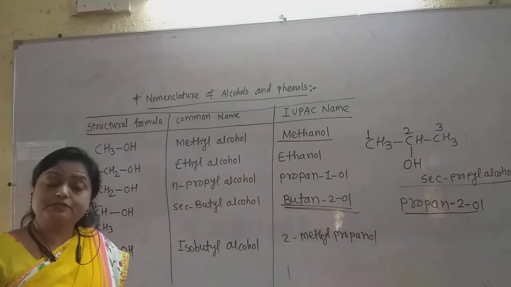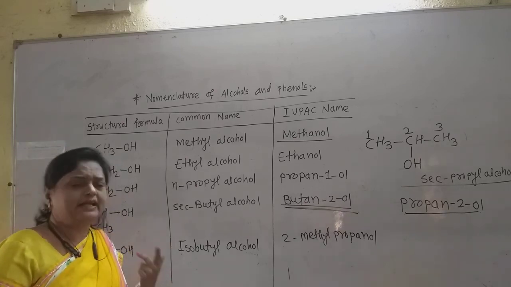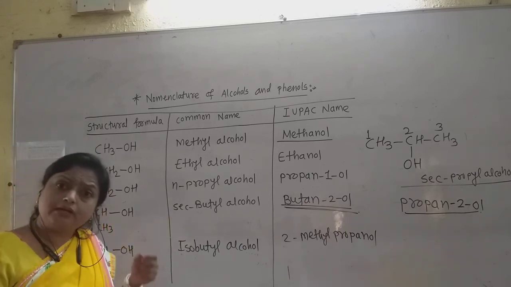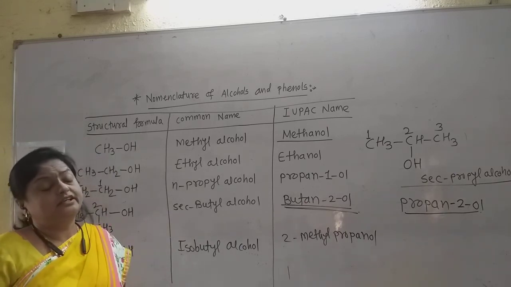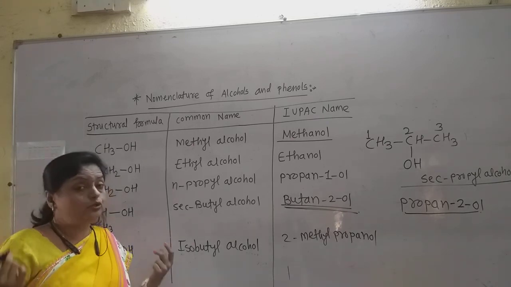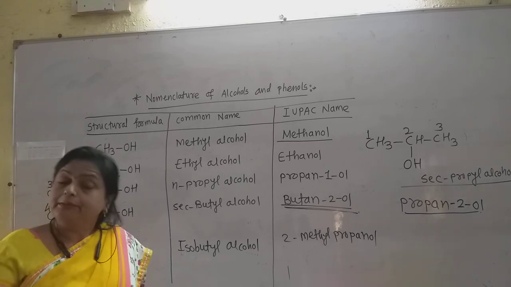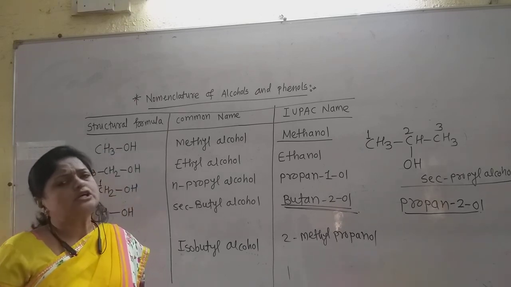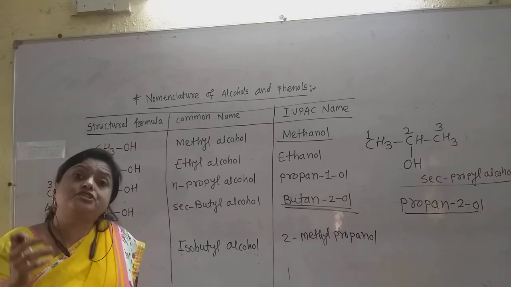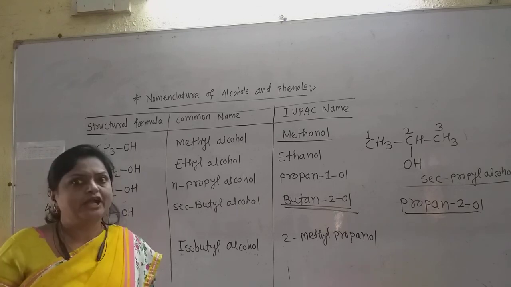Now IUPAC names are very important. They may be asked in the JEE entrance exam, MCQs or in the board theory exam. But if you do not understand the IUPAC name of this organic compound, then you cannot write any chemical reaction or any preparation reaction, because they give only the name in the examination. What is the action of an active metal on butan-2-ol?